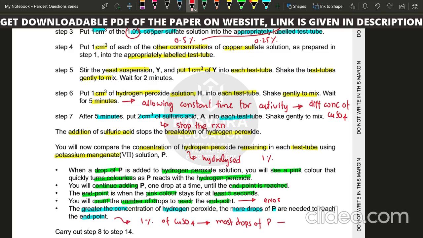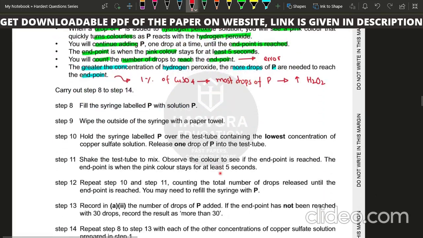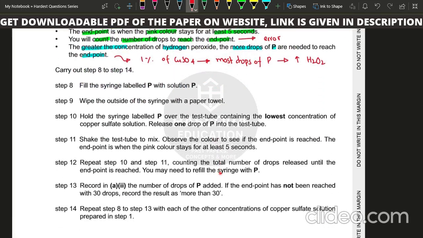Because it has the highest amount of hydrogen peroxide, because the enzyme activity was the least. Okay, so less substrate would have been converted to water and oxygen.